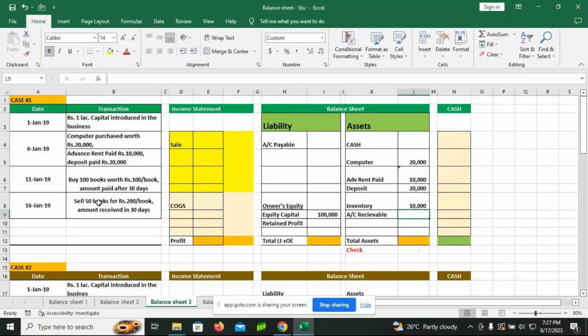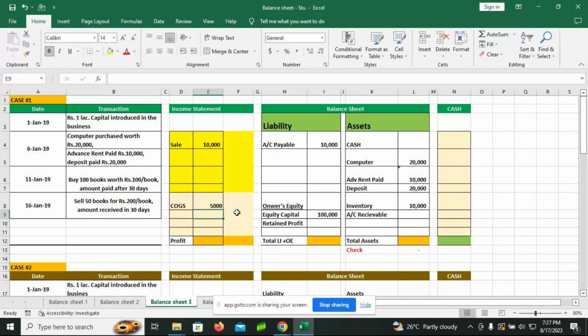First, account payable. I am supposed to pay the entire amount, so equals 100 into 100. Okay, account payable. Now, sold 50 books worth rupees 200 per book, so equals 50 into 200. So now COGS, cost of goods sold, equals 50 into 100.